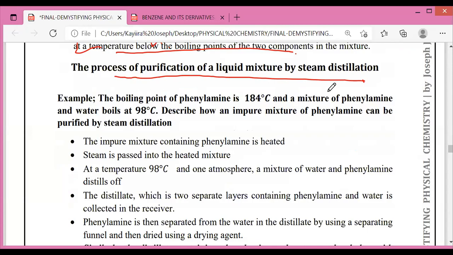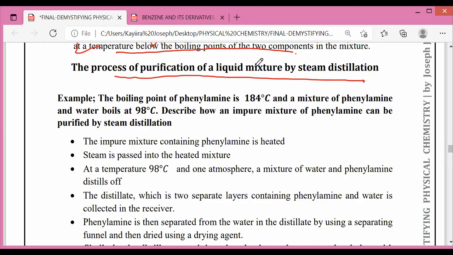How do we purify a liquid mixture by steam distillation? We get the impure mixture containing the substance we want to steam distill. Then we heat it and pass steam through the heated mixture.